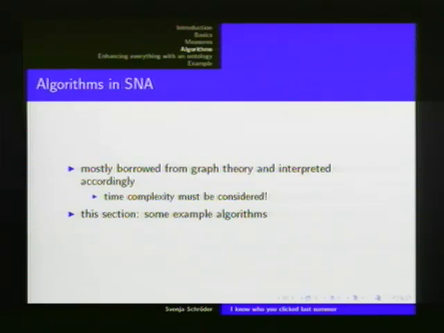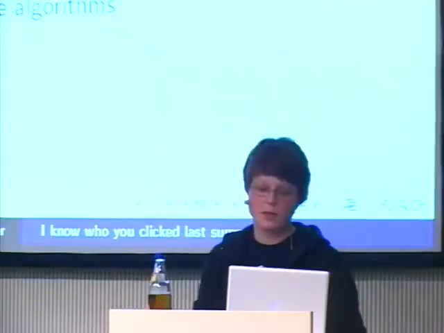The trick is to interpret them accordingly. Social network analysis just gives you a kind of toolbox to interpret most of the algorithms you know from graph theory. And of course, time complexity must always be considered. A traveling salesman problem is a traveling salesman problem also in a social network.